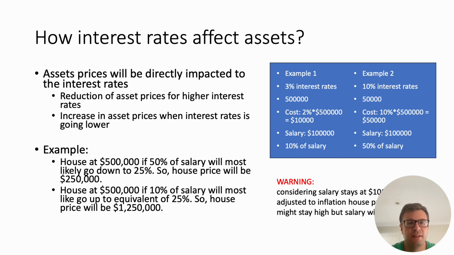And a $500,000 house, if it represents 10% of the salary, which means that at an average of 25%, the cost of the house will go to $1.25 million.